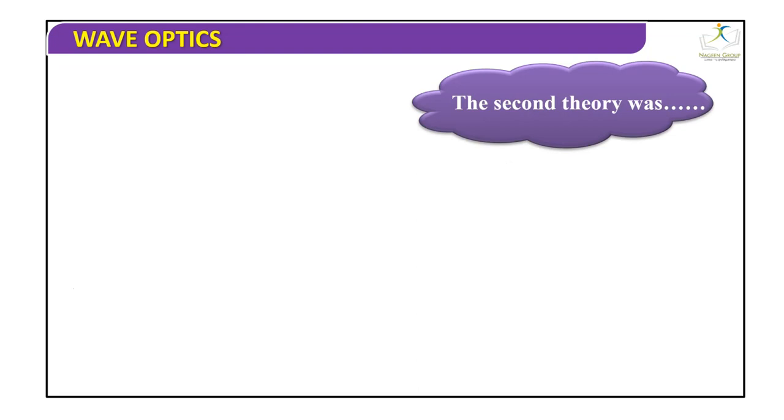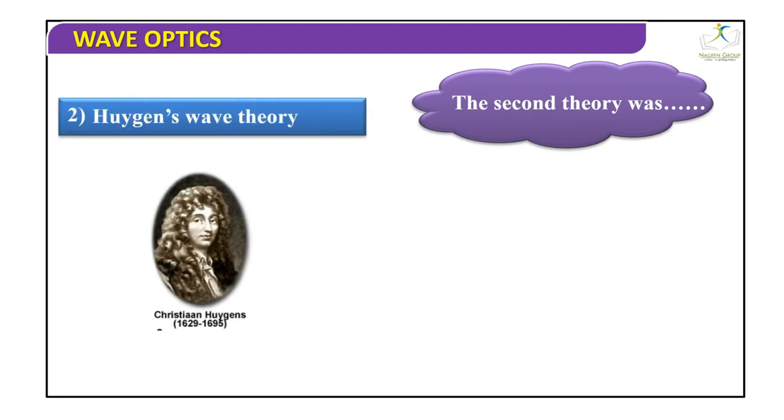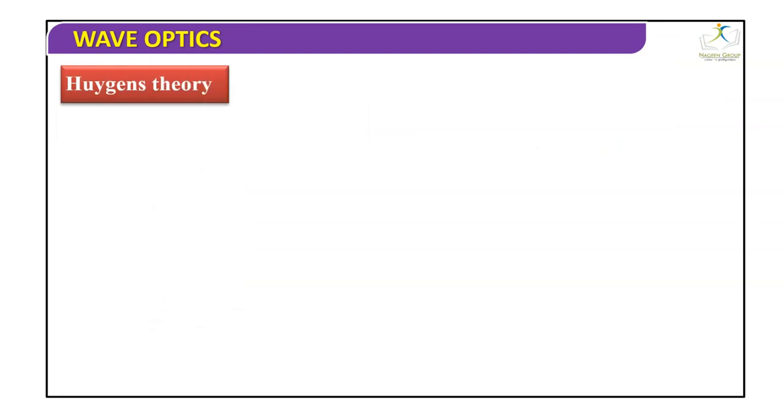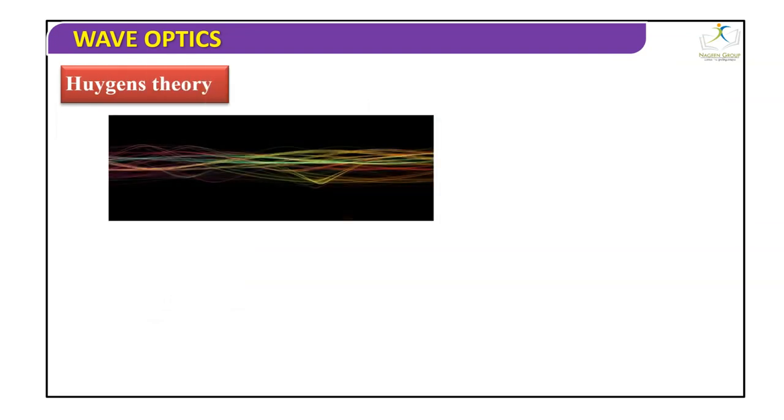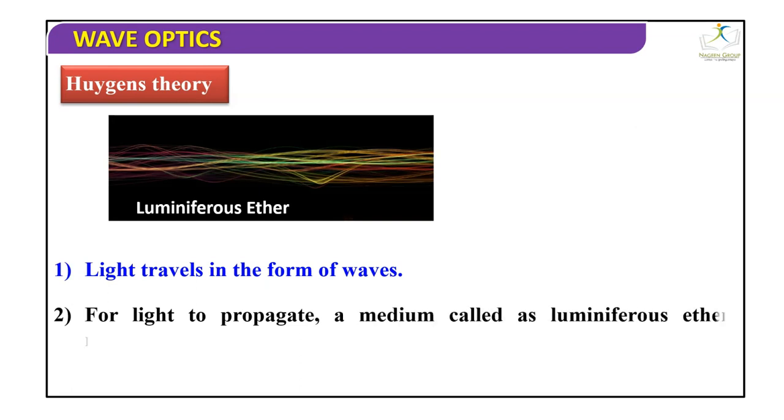So what was the second theory? The second theory was Huygens wave theory, which was given by Sir Christian Huygens. According to this theory, light travels in the form of waves.